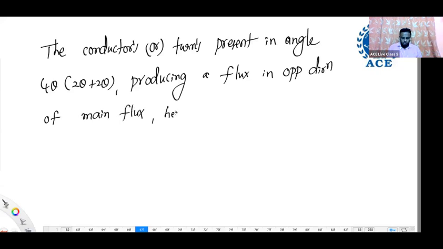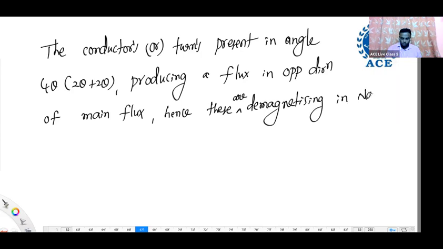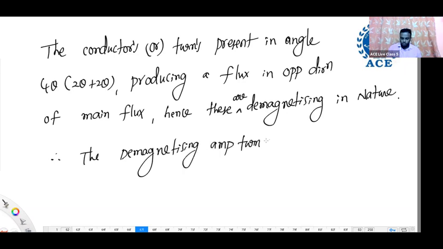Hence, these are demagnetizing in nature. Therefore, the demagnetizing ampere turn per pole.